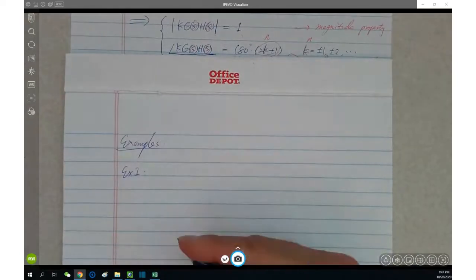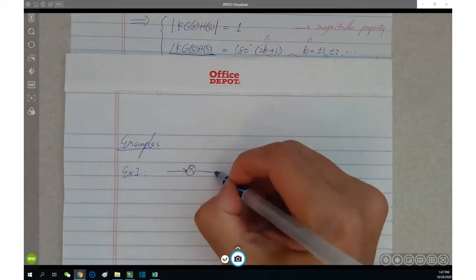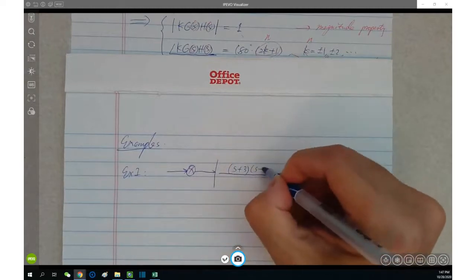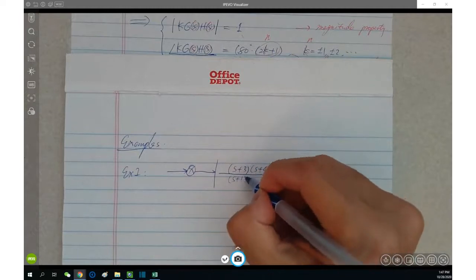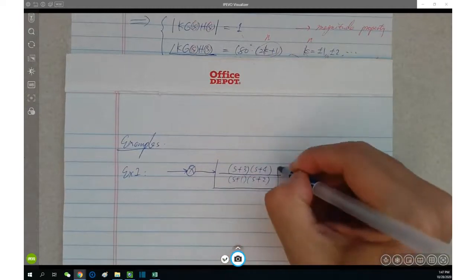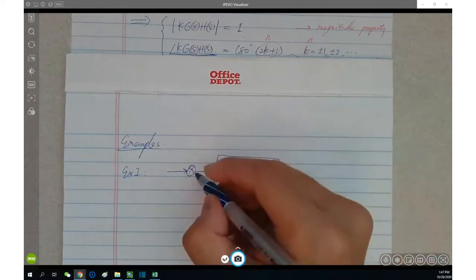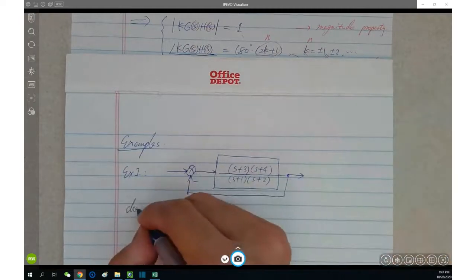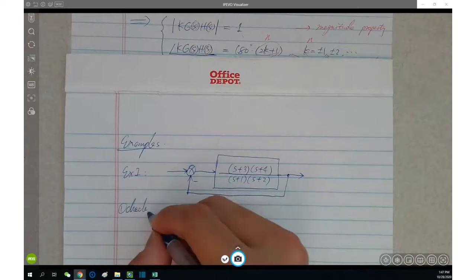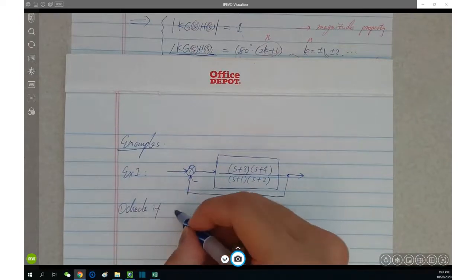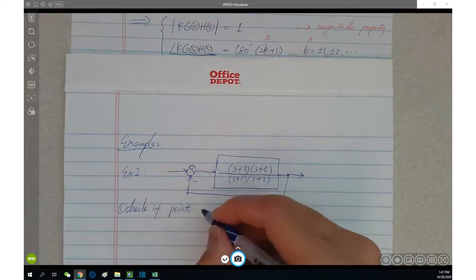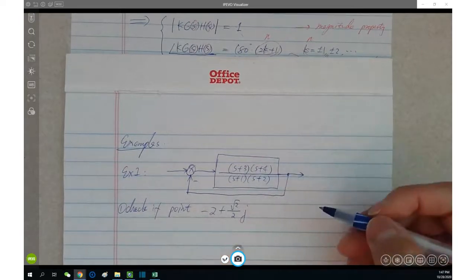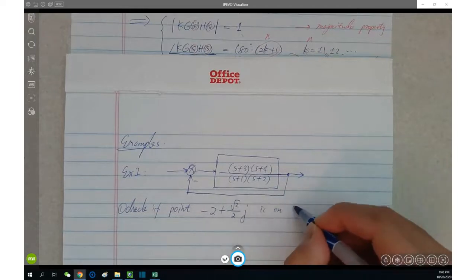Example 1 here. Let's say, given the system block diagram like this, what you want to do is, first of all, check if the point -2 plus square root 2 over 2 j is on the root locus.